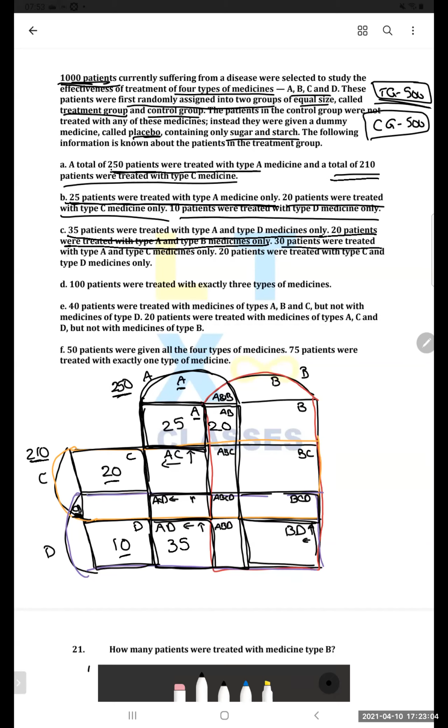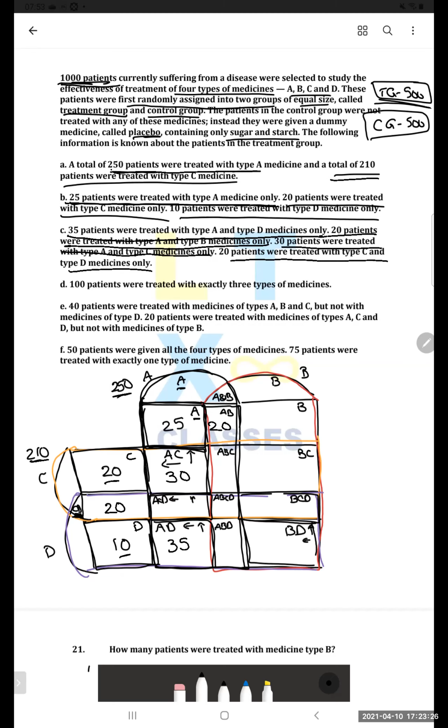30 patients were treated with type A and C only. Will it be below 25? Here. Yes, sir. 20 patients were treated with type C and D only. B is your this up. Yes, sir.